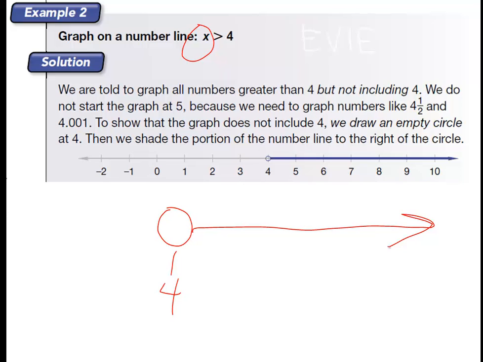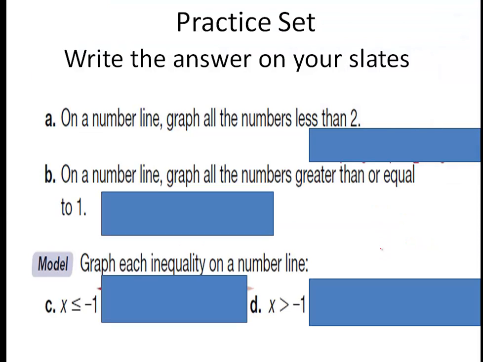So we don't include 4, so we show an open circle to say that 4 is not included, but we include the smallest number right next to the 4 that we can get, and then all the ones greater than that.